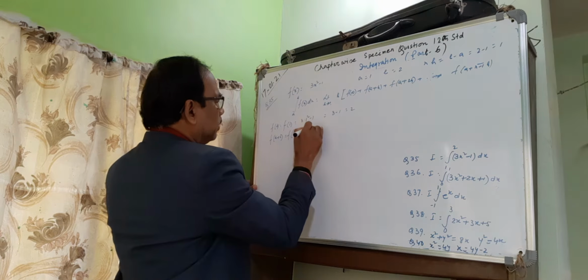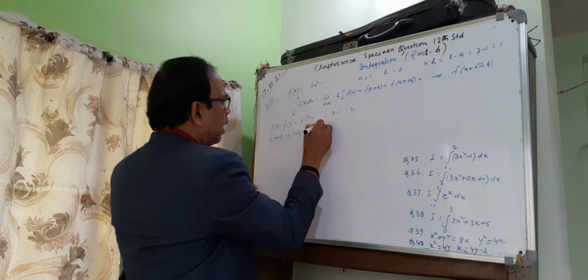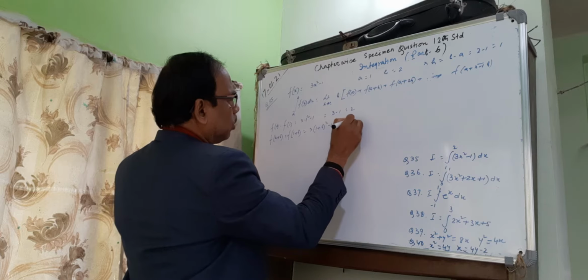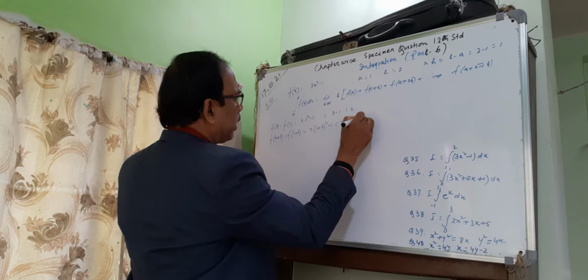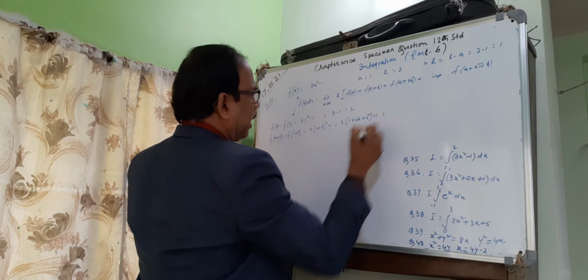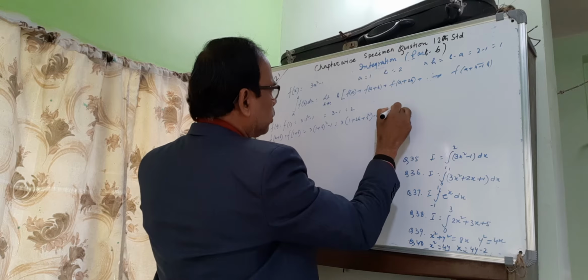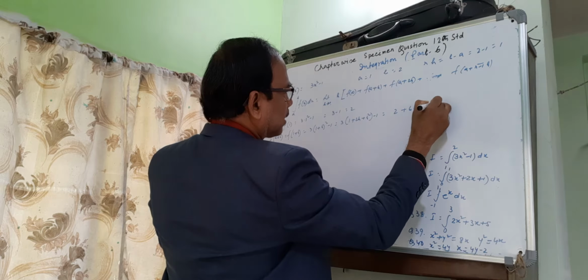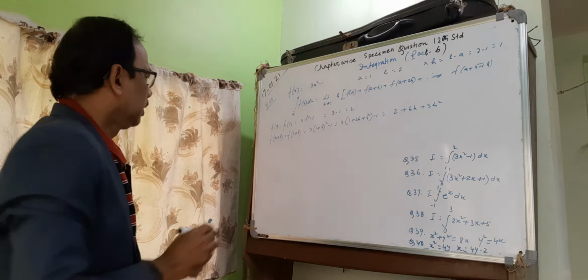Put it here: 3 into (1 plus h) whole square minus 1, that is 3 into (1 plus 2h plus h square) minus 1, that equals 3 minus 1 is 2, plus 6h plus 3h square.